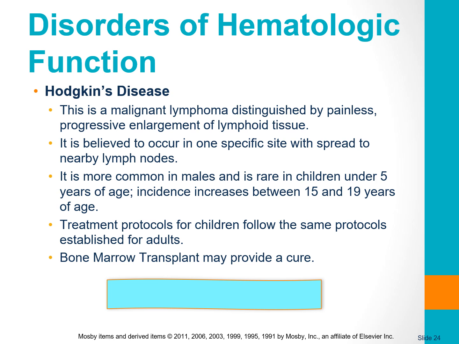Treatment protocols for children follow the same protocols as adults. So this is typically bone marrow transplant, or they're going to remove lymph tissue that's affected, possibly do chemo and localized radiation. So that would be what we would be doing for adults. Because of their age between 15 and 19, we do treat them like adults, how we would treat lymphoma or Hodgkin's lymphoma in adult patients.